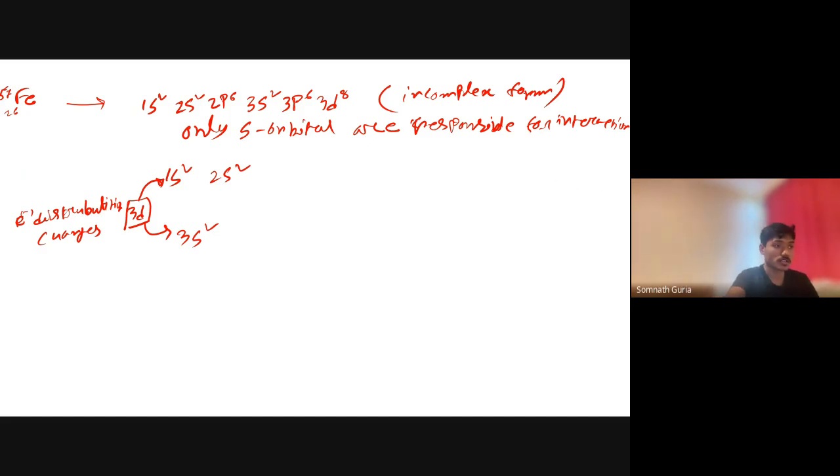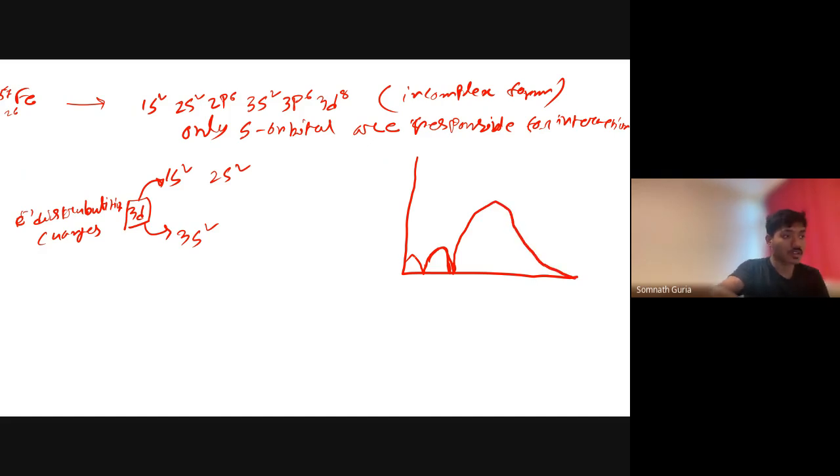Let's suppose once again we can write the radial distribution of the 3d and the 3s. We have a non-zero value over here for the s orbital. Starting from the nucleus 0, we can write it in a different color.